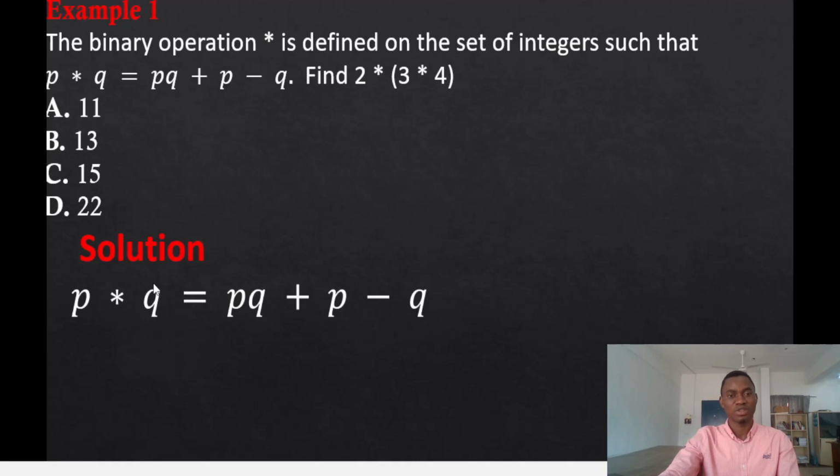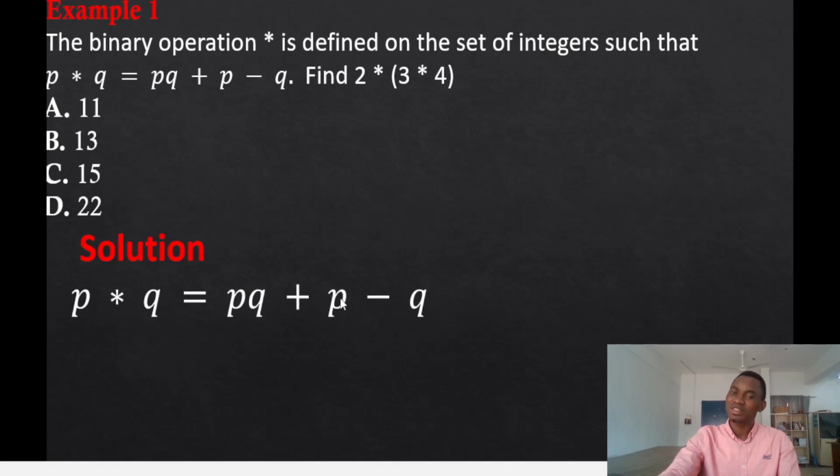Now let me explain what is happening here. The function of this star, this operation, is telling us to multiply the first element, which is P, by the second element, which is Q, PQ.